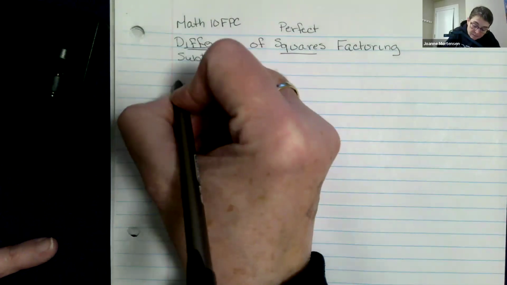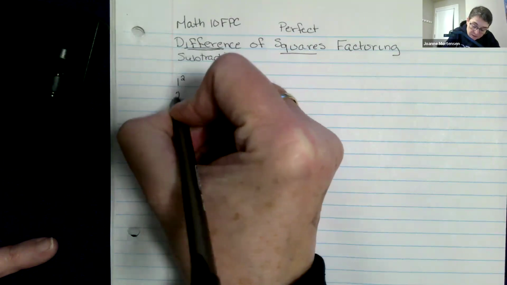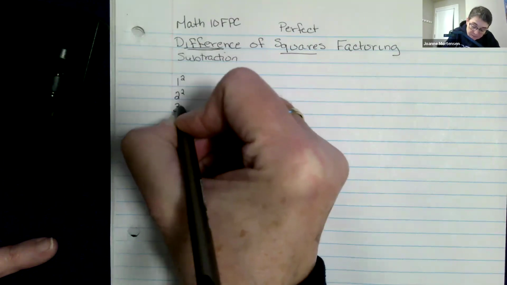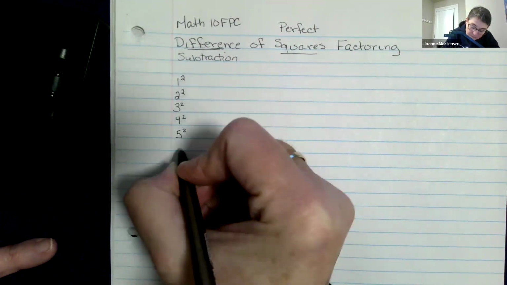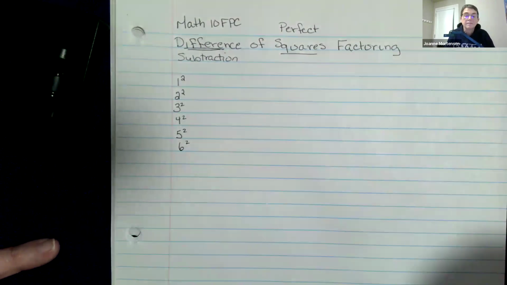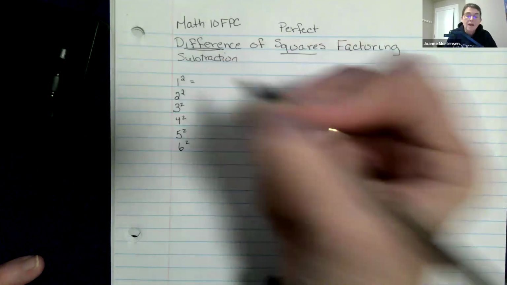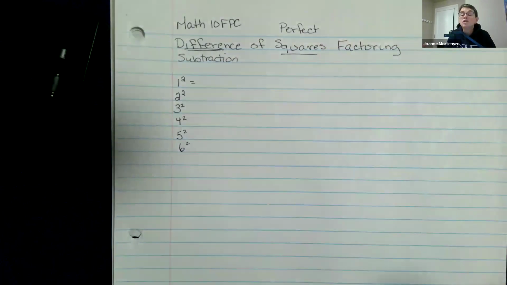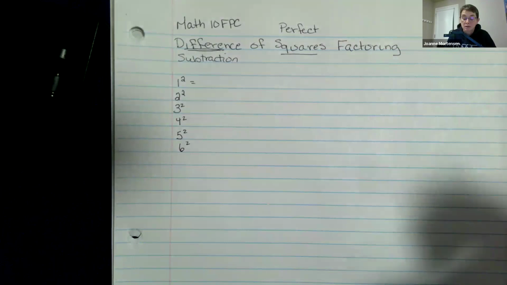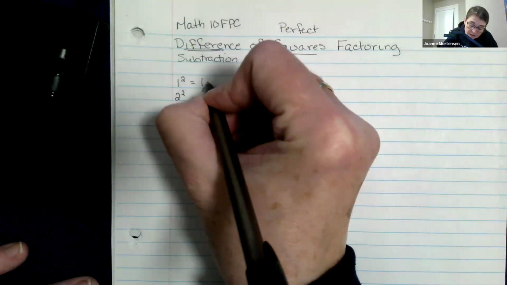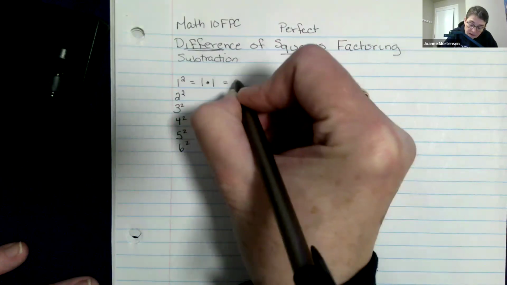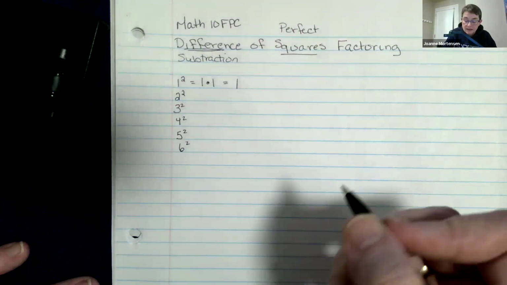Okay, so 1 squared. And just to humor everybody to make sure we're all on the same page, 1 squared means 1 times 1, and that's 1. Not very exciting.